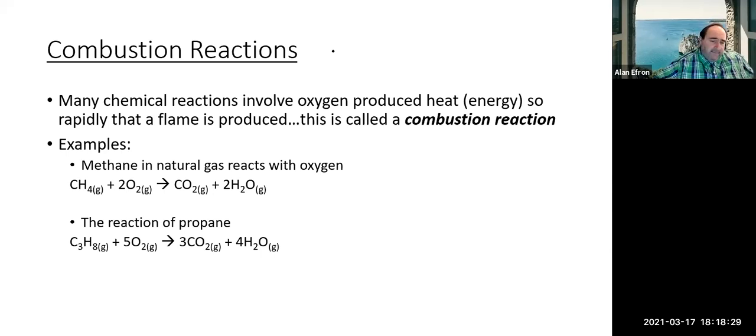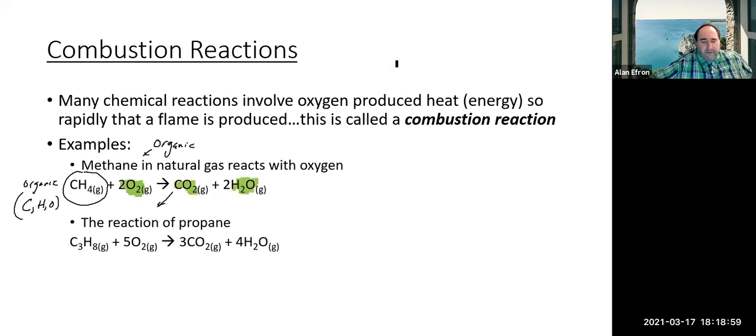An organic combustion reaction, which is what these are down here, involves some type of organic compound, which basically has carbon, hydrogens, maybe oxygens. The classic sign of an organic combustion reaction is the presence of O2 on the left, and it will always make CO2 and water on the right-hand side.